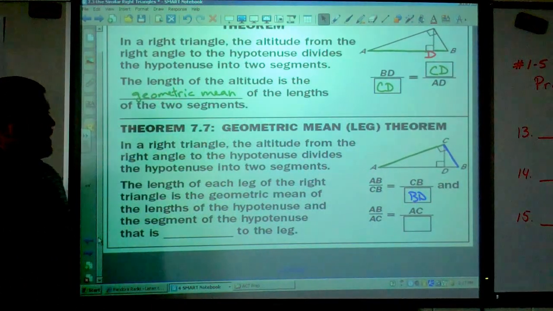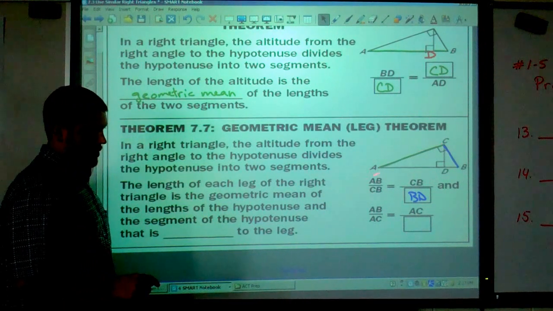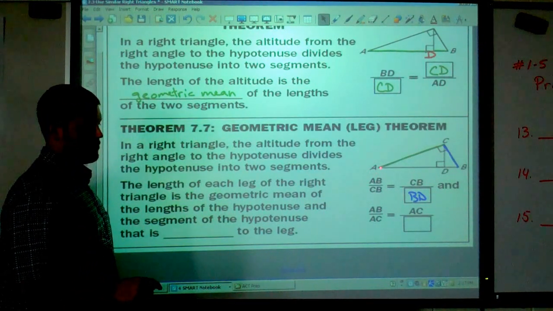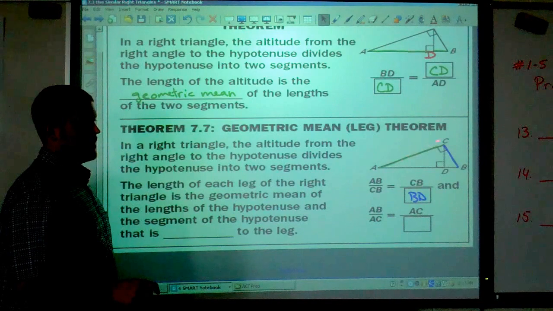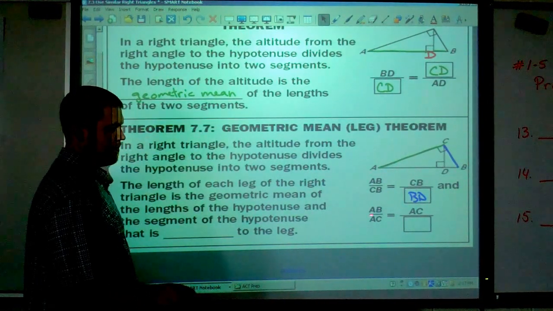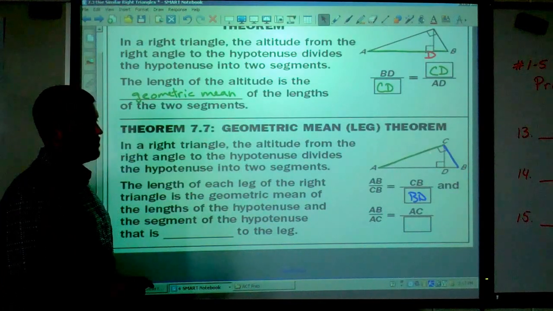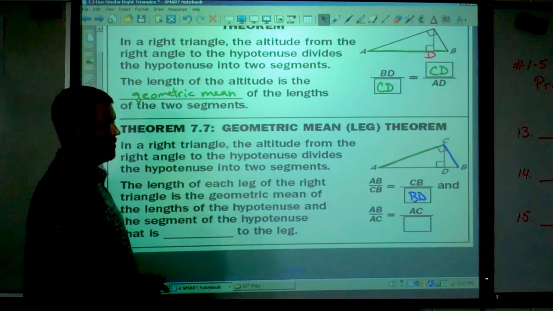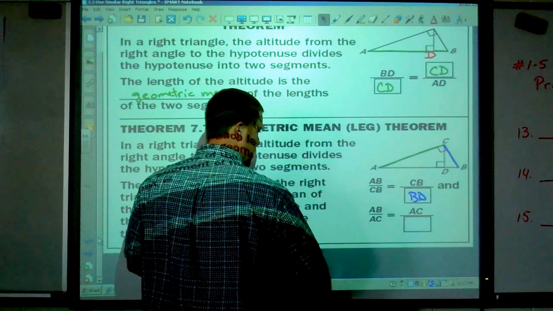Alright? As well as the altitude, the other altitude that is a leg. Alright? It goes from a vertex perpendicular to the opposite side. It is the geometric mean of the hypotenuse, AB, and the piece of the hypotenuse adjacent to this leg. Alright? So that is segment AD.